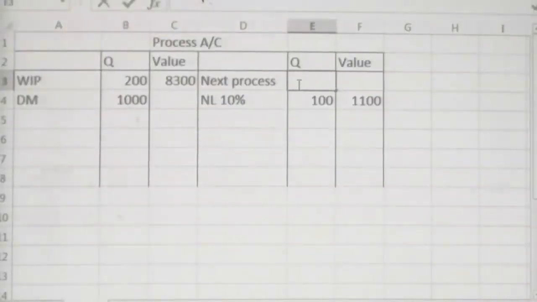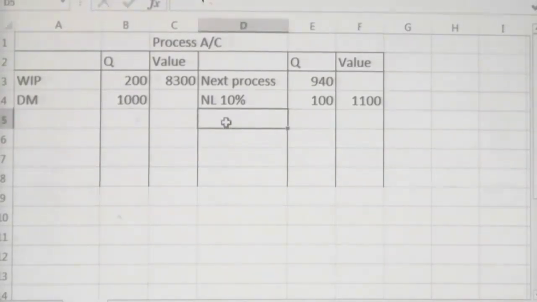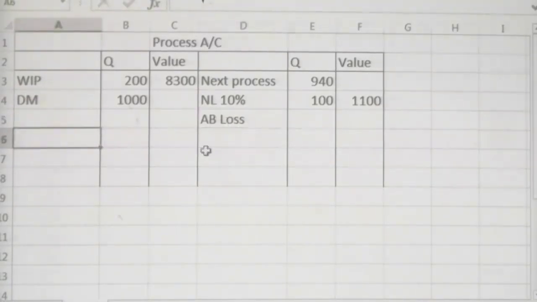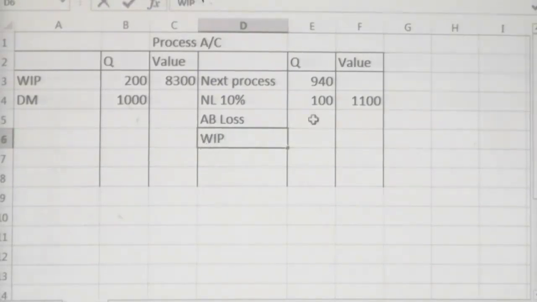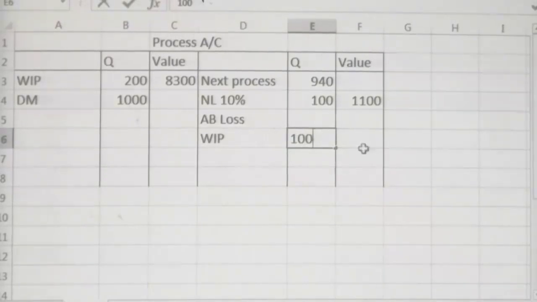Therefore, you can say 940 transferred to the next process, and you have to find out if there is abnormal loss, right? You have to find out abnormal loss or abnormal gain with the final work in progress. They have given final work in progress as 100 units, right?